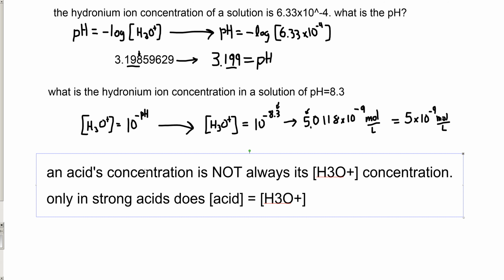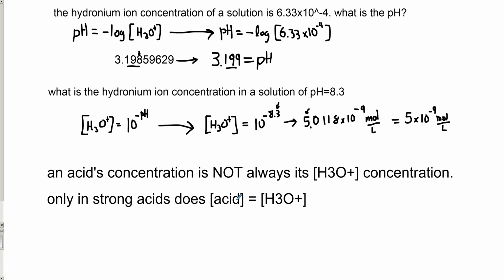The only strong acids are these: HCl, HNO3, and H2SO4. That's our buddy sulfuric. They're the only three acids where this is true.